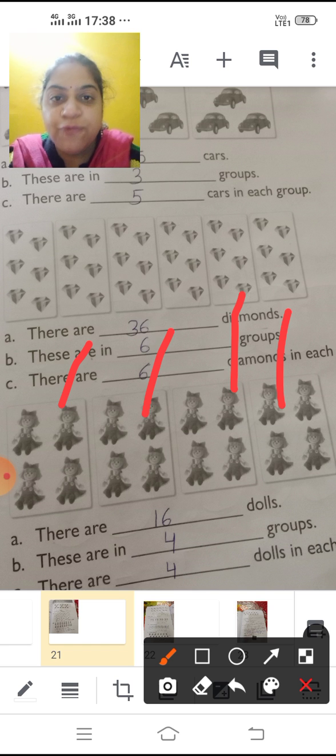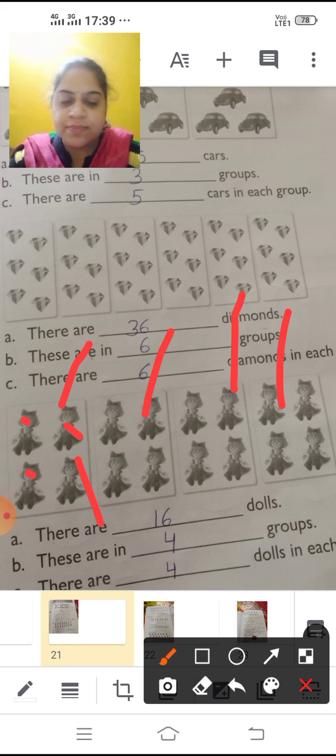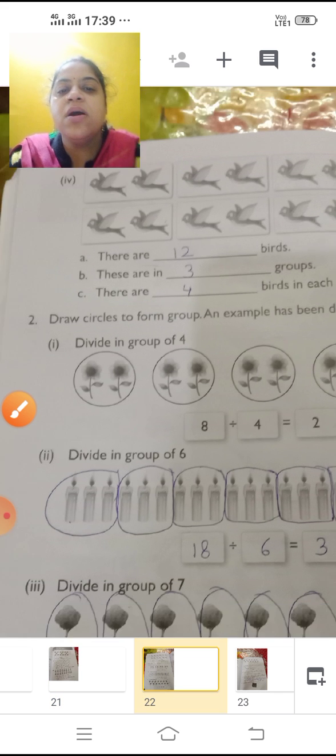And there are 4 dolls in each group: 1, 2, 3 and 4. So, if we see all together, that is 4 fours are 16. So, total number of dolls are 16. Understood?